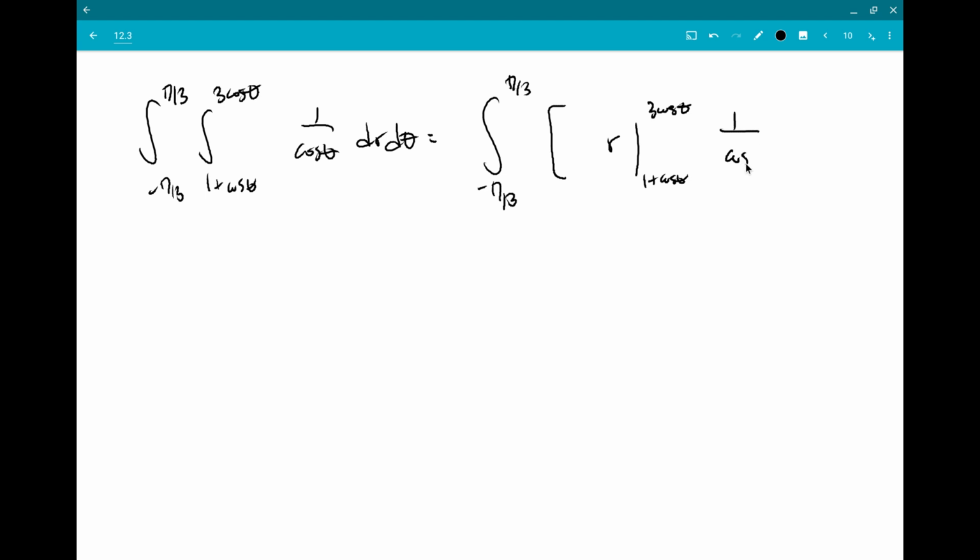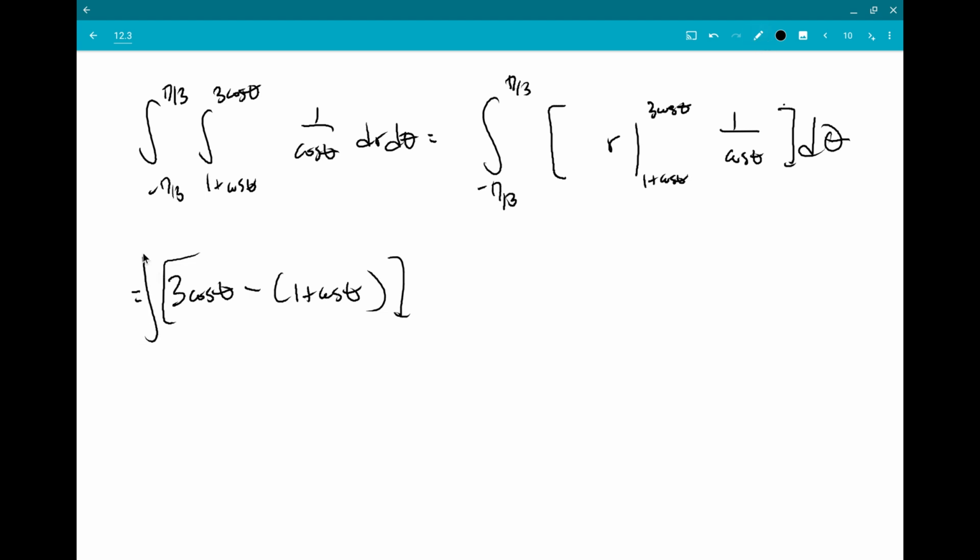And then the 1 over cosine theta may as well be a constant to me. So I get 3 cosine theta minus 1 plus cosine theta, evaluated from negative pi over 3 to pi over 3, times 1 over cosine theta d theta.